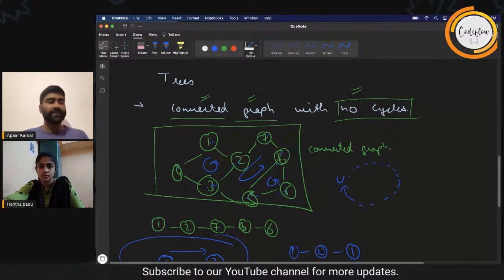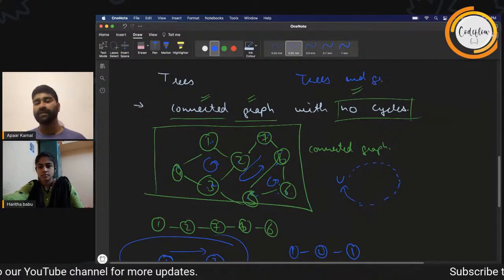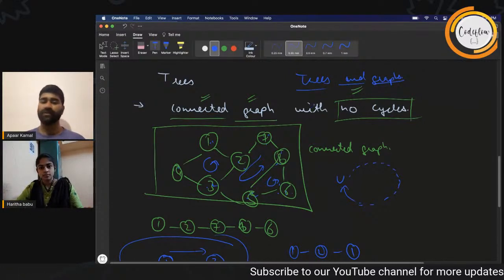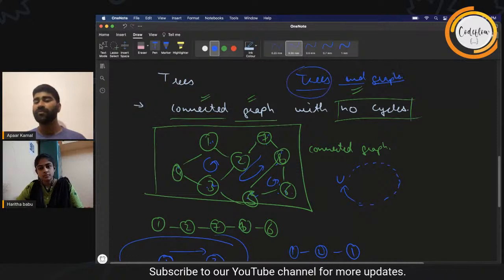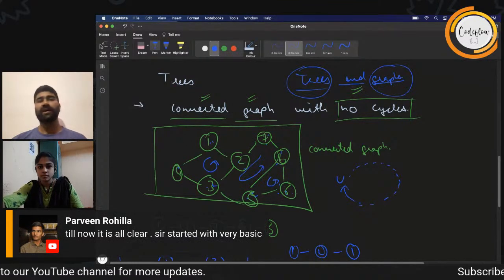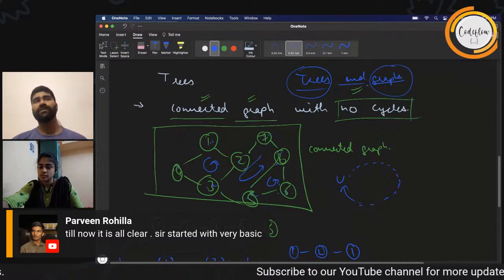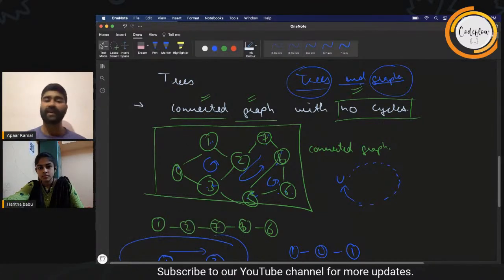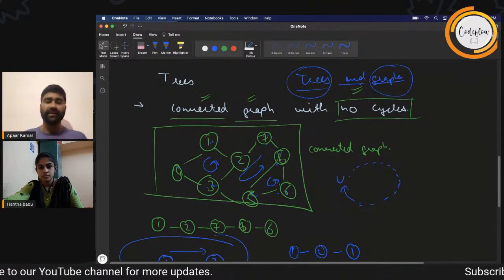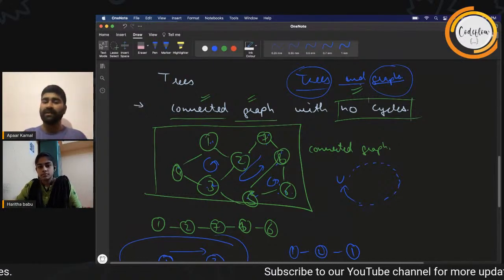And always remember, guys, that trees and graphs are the favorite topic of any interviewer. Why? Because in trees and graphs alone, there are so many algorithms and so many problems. I was asked a problem in a very big company, and it wasn't directly looking like it could be solved using trees and graphs, but that problem was actually converting to a graph problem which was using some algorithm on trees, right?